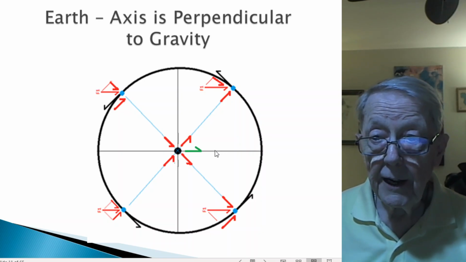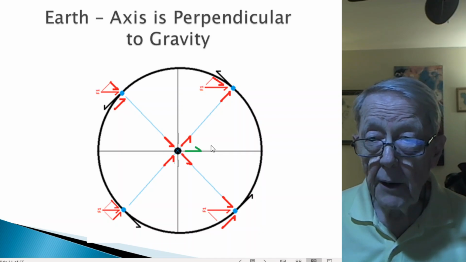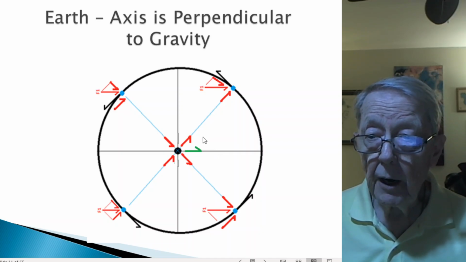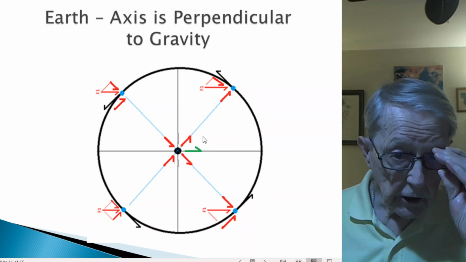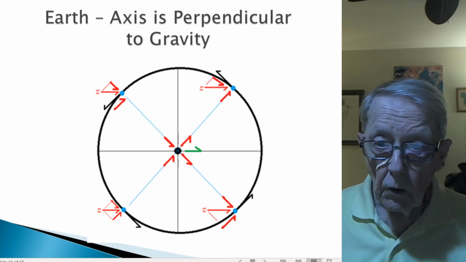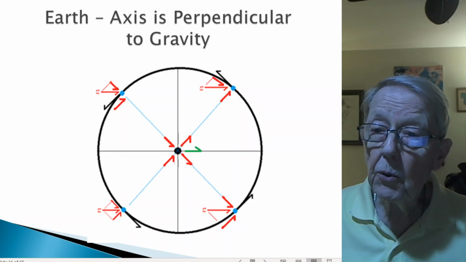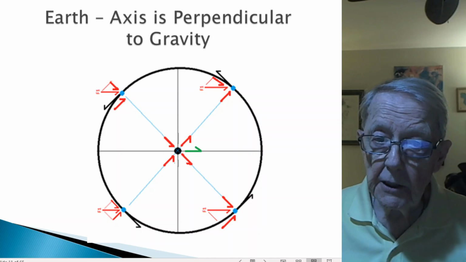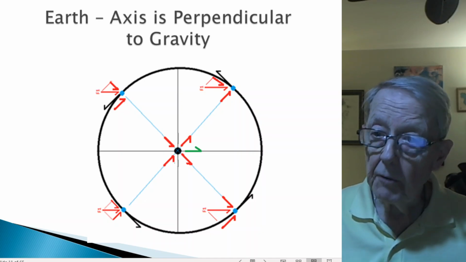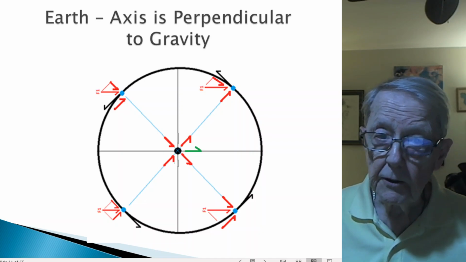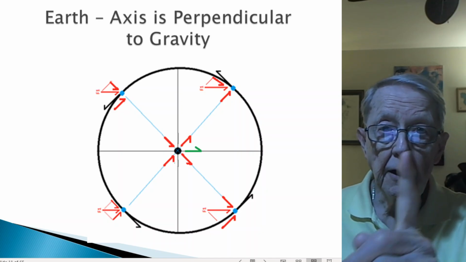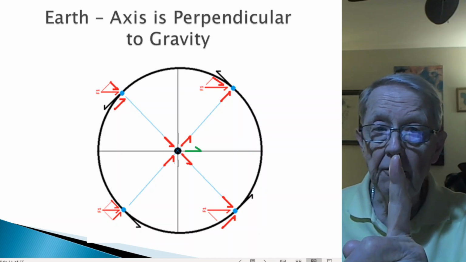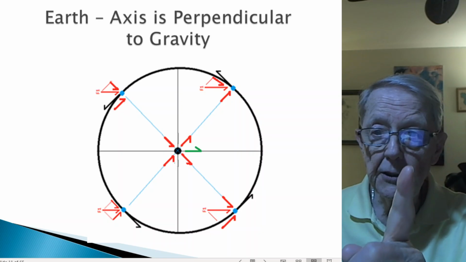I'm concluding that it really doesn't matter with the gyroscope which direction the force is. If it's spinning counterclockwise, it'll precess counterclockwise. If you've ever watched a gyroscope, it's standing up vertically and it hangs there for a long time. Finally, when it's off, it starts precessing.